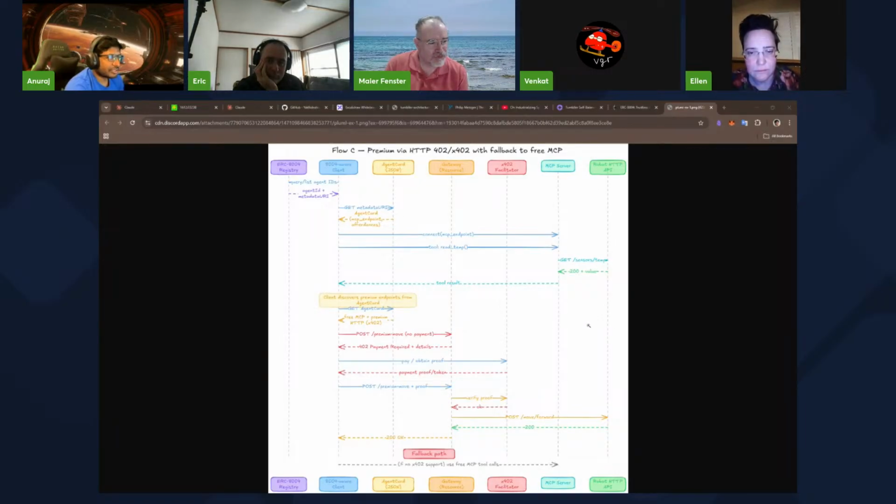So this is kind of what happens in UML language. First you register the agent, and you store the JSON agent card on IPFS.